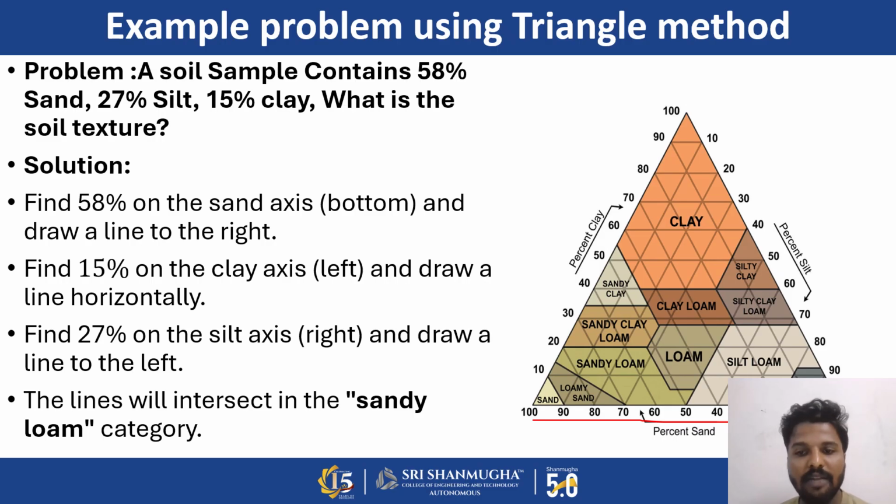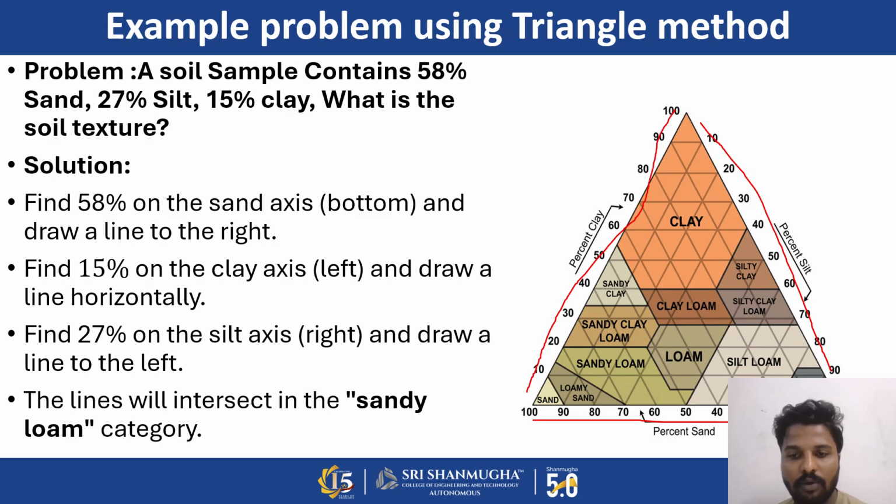Then we have to draw the line to the right, but here one thing we have to change. We have to draw the line which should be parallel to the silt axis. Here is the silt axis, the bottom is the sand axis, and at the left side you can see the clay axis.